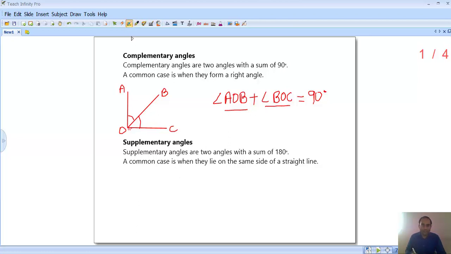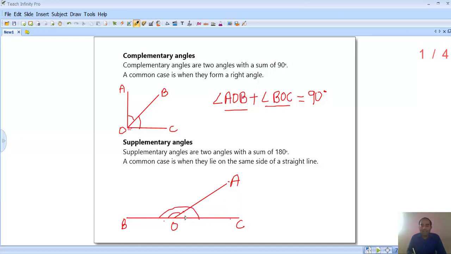Let's see this example. This is point A, point B, point C and O. Now you can see angle AOB and angle AOC are both supplementary angles. Why? Because this complete angle is 180 degrees.